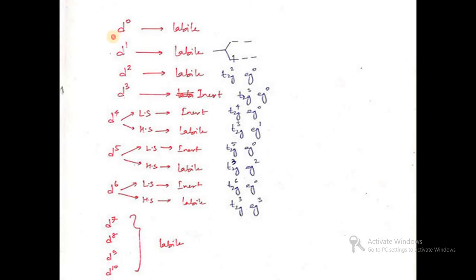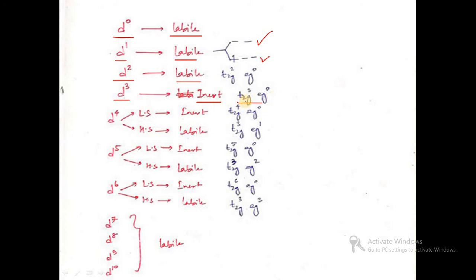For example, the d0 case is called labile. The d1 case is also labile, that is t2g1 eg0 in d orbital splitting. d2 is also labile, t2g2 eg0. d3 is inert, t2g3 eg0.